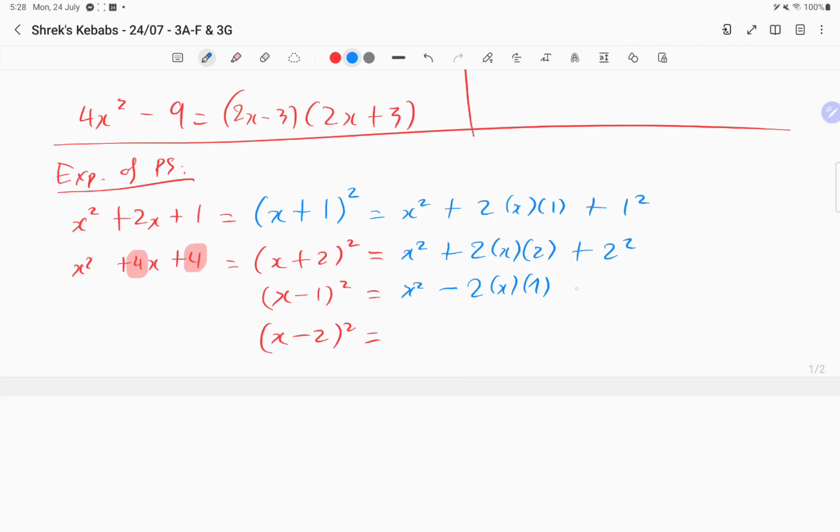Plus 1 squared. Yep, and then the simplified version: x squared minus 2x plus 1. That's right. The only difference is the plus 2x versus the minus 2x.